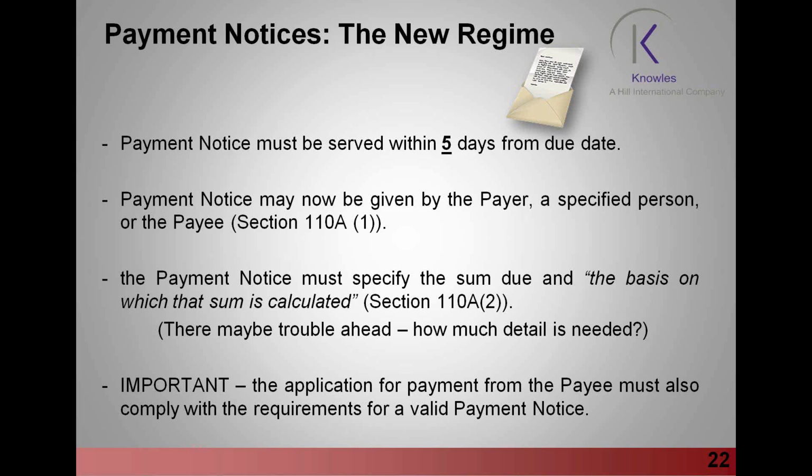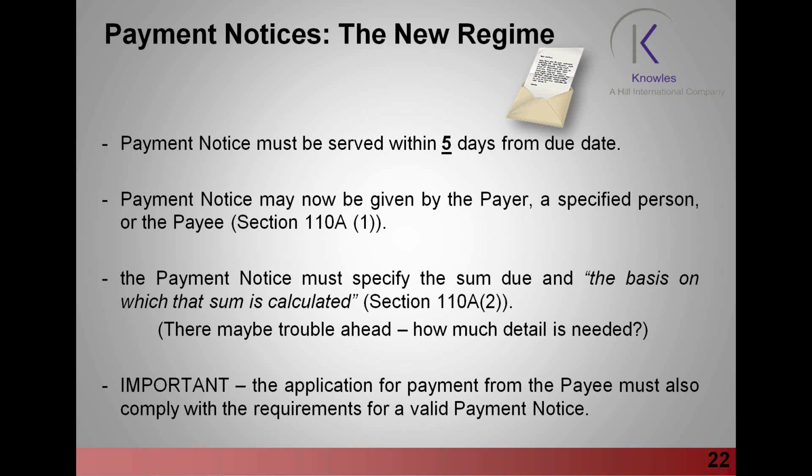It's vitally important that the payer makes sure that in every single case the payment notice is issued, even if the amount to be paid is nil. The second bullet point there says the payment notice may now be given by the payer, a specified person, or by the payee. The specified person on the payee bit is definitely new.